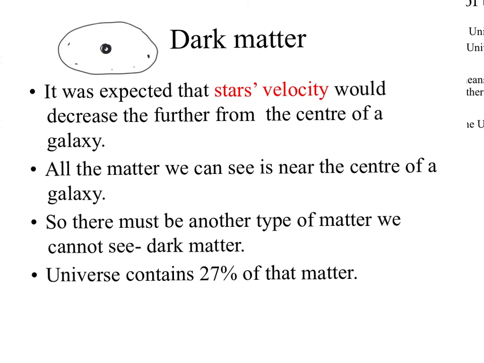So that means that if they are not slowing down, there must be another type of matter that we can't see. And they call that dark matter. So the universe actually contains 27% of that matter. So we talked about 68% of dark energy, 27% of dark matter. This leaves only 5% of matter that we can see. So we can only see 5% of what makes up the universe.